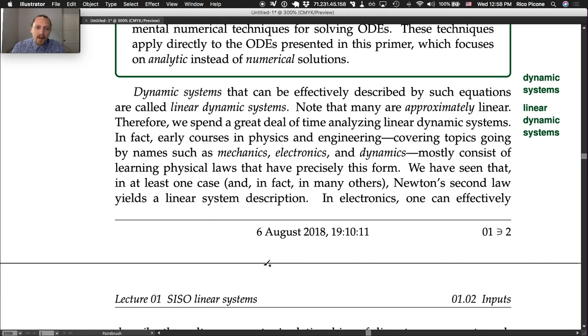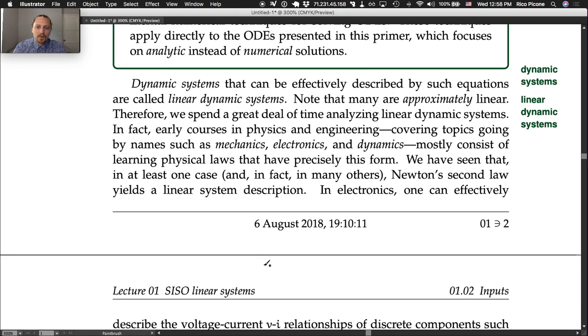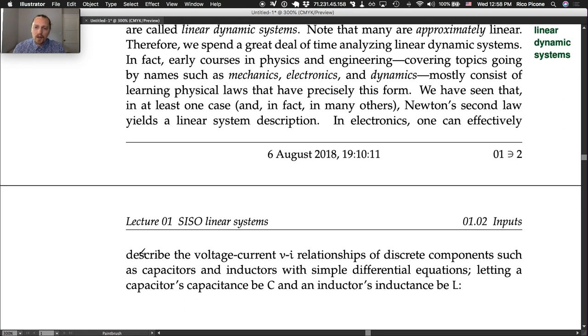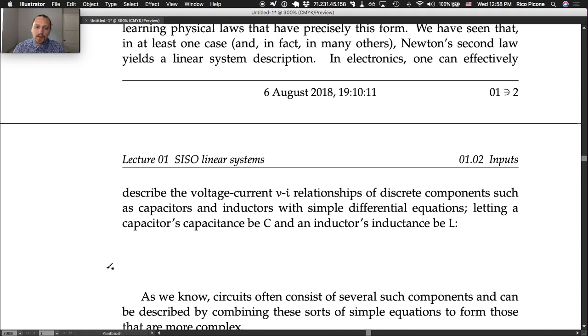We have seen that in at least one case, and in fact in many others, Newton's second law yields a linear system description. That was with the motor example. In electronics, one can effectively describe the voltage-current, or VI, relationships of discrete components such as capacitors and inductors with simple differential equations.